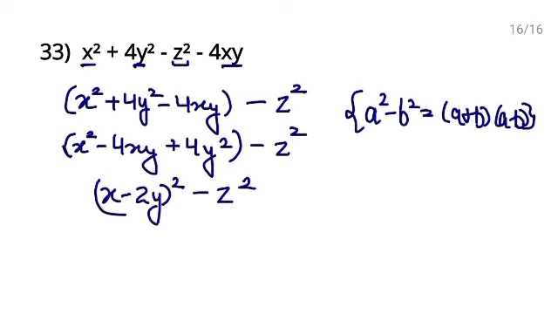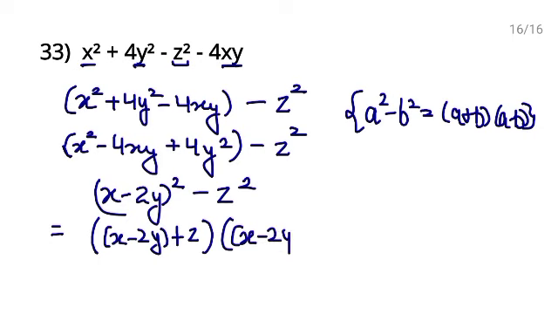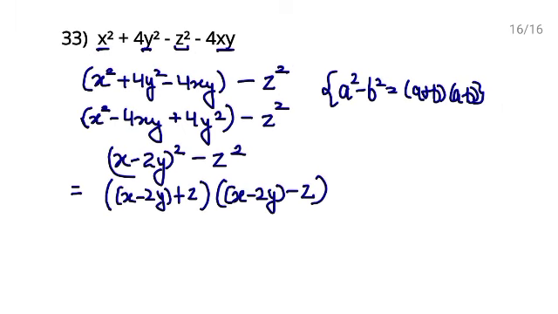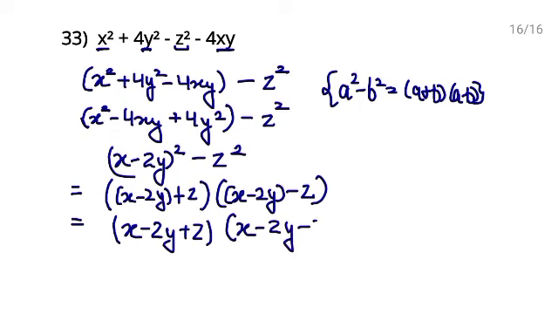So use the identity a square minus b square is equal to (a plus b) into (a minus b), right. What is a? x minus 2y, isn't it. There are 2 terms in a, so I will close it in a bracket. So outer bracket, a is x minus 2y, a plus b, b is z, into a which is x minus 2y, minus b which is z. Now simply open the inner bracket: (x minus 2y plus z) into (x minus 2y minus z).